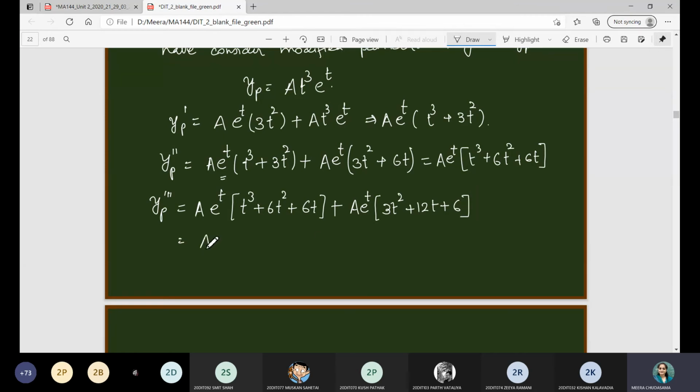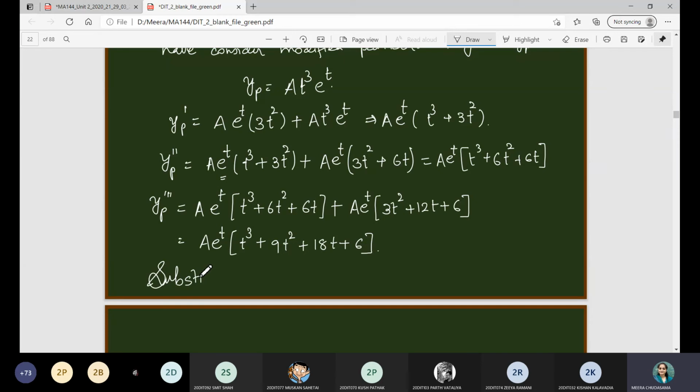So simplifying it, we will get t cube, only one term, plus 6t square and 3t square, so it is 9t square, plus 12t and 6t, so it is 18t, and the constant quantity is just 6. So this is the simplified form.